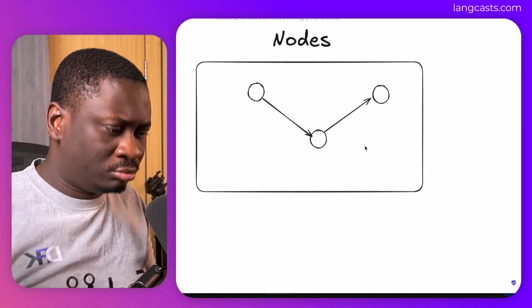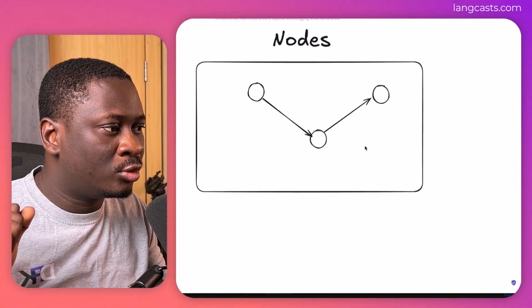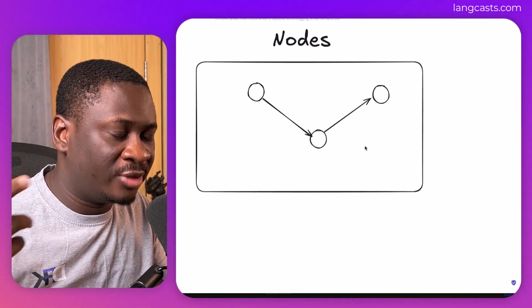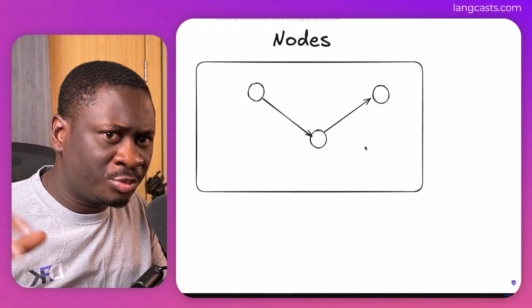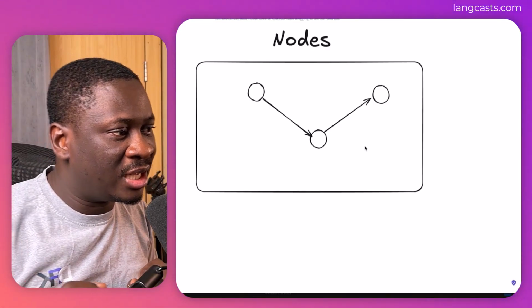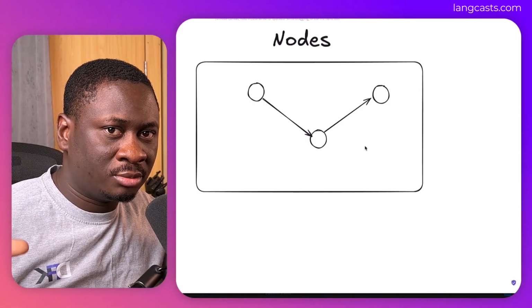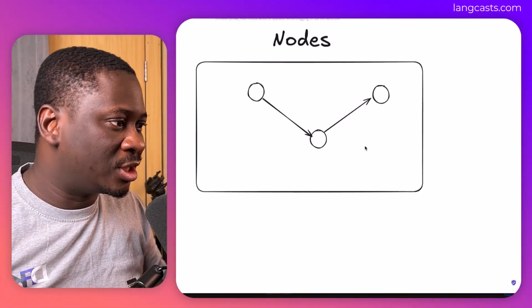And in the background, LangGraph converts nodes to runnable lambdas. If you have gone through our LangChain series, you will definitely know what runnable lambdas are, runnables being the core data type, so to speak, in LangChain. If you think of nodes in terms of runnables, they are a unit of work. They take an input and return an output.